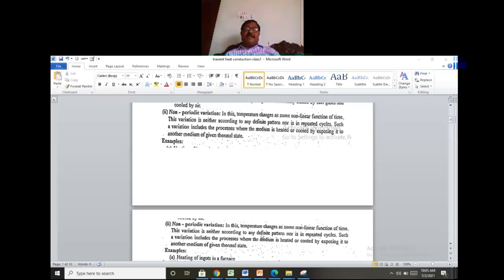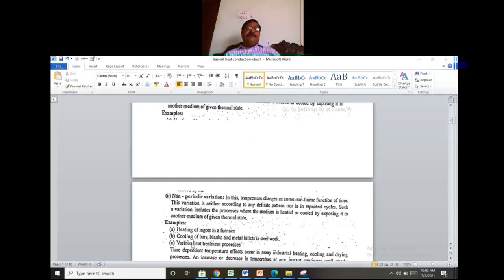This variation is not according to any definite pattern or repeated cycles, as I said. Examples of this are the heating of ingots in the furnace, and the cooling of bars, blanks, metal billets, steel, and various heat treatments.